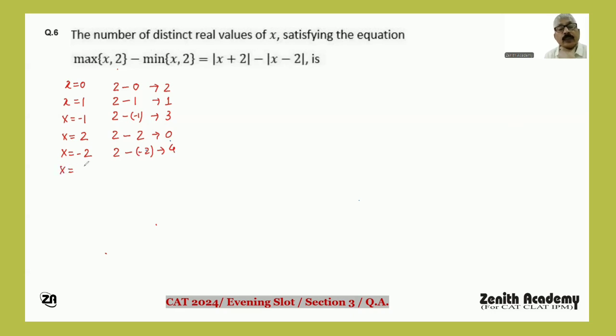If I take x is equal to 3, then 3, 2, maximum is 3, minus 3, 2, minimum is 2. It is 1. If I take x is equal to minus 3, then the maximum is 2, minus the minimum which is minus 3, so it is 5. These are outcomes on putting x is equal to 0, 1, minus 1, 2, minus 2, 3, and minus 3, and so on. So, left hand side. Correct.